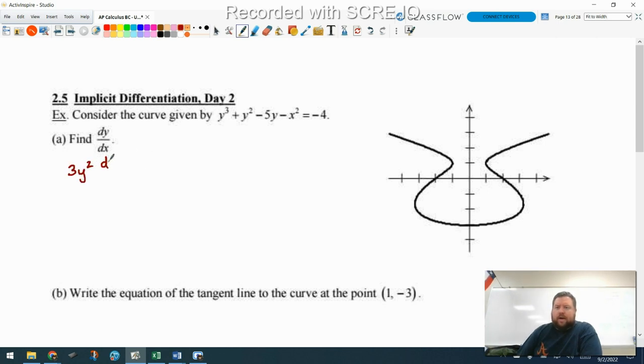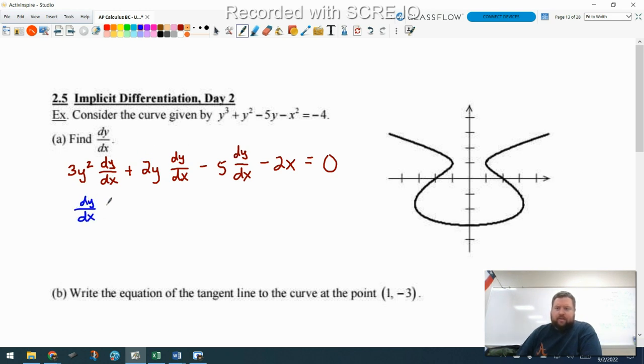All right, so hopefully this is what you came up with. 3y squared dy over dx plus 2y dy over dx minus 5 dy over dx minus 2x. No chain rule piece required there because it would just equal 1, and then the derivative of a constant is 0. I'm going to move the 2x to the other side, and all three of these get a dy over dx factored out.